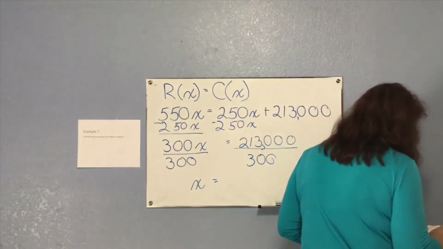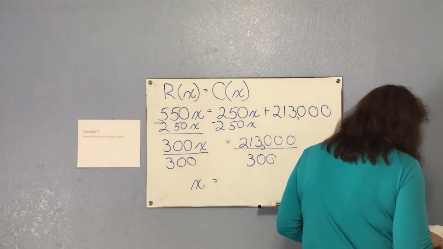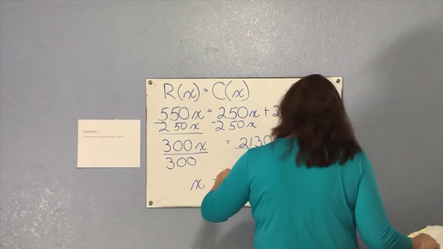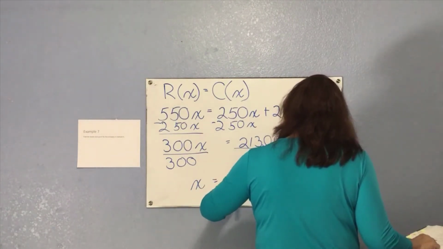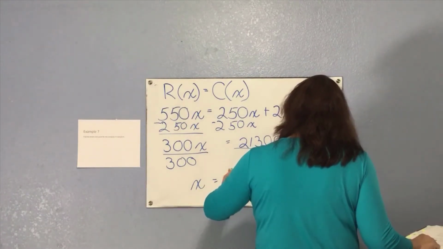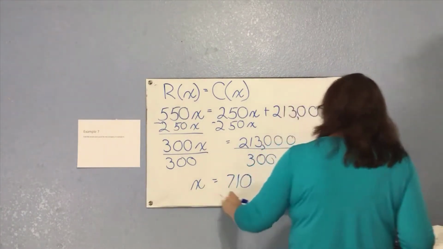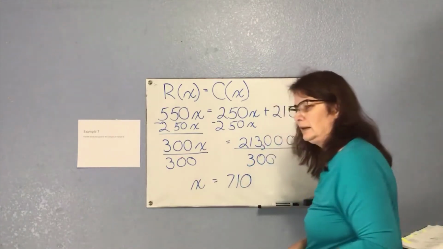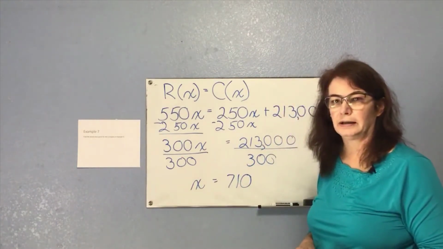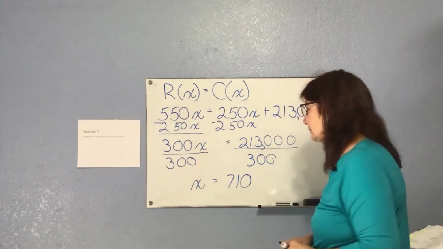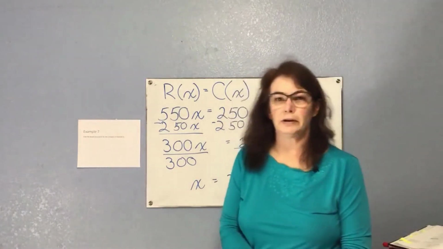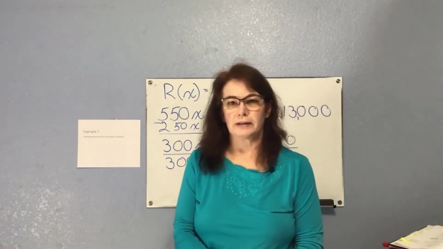And I find that to make a profit, I need to manufacture and sell at least 710 television sets. Pause the video now and work on checkpoint 6.